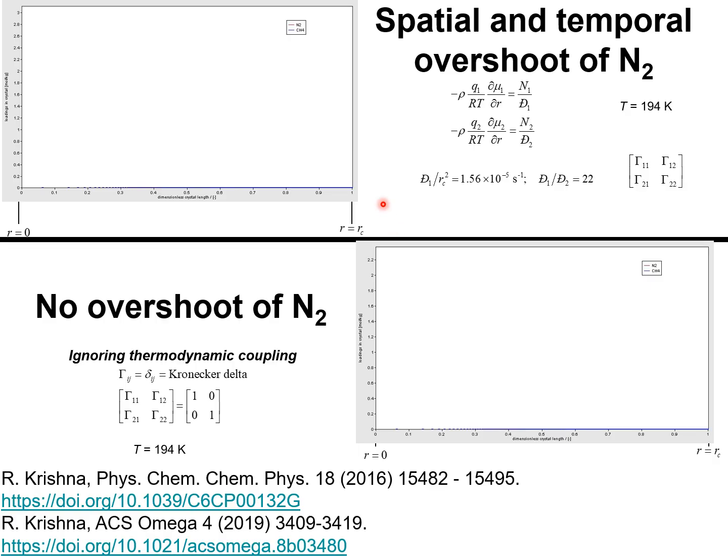Let's model the nitrogen-methane mixture uptake in LTA-4A zeolite using the Maxwell-Stefan diffusion equations. The D12 term signifying correlations between 1 and 2 need not be accounted for because the gas molecules jump one at a time across the windows from one cage to the adjacent cage of LTA-4A zeolite.